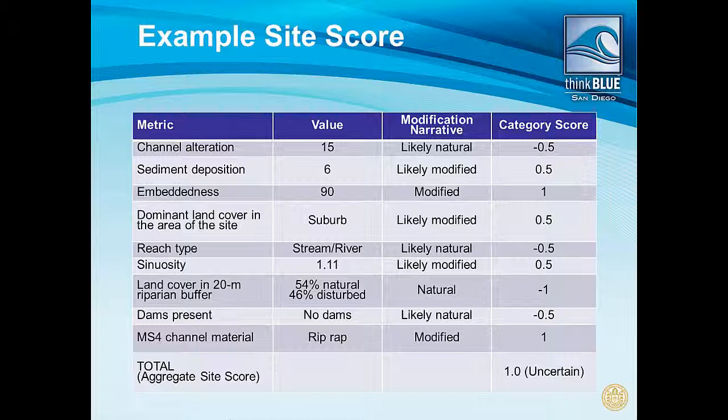And the reason is because, if you look at it, you're seeing lots of conflicting things here, where some of these metrics are telling us it's natural, likely natural, and others are telling us they're modified. And so when you do the math, it just winds up being a wash. So hopefully it's one or the other, modified or natural, but that's going to need some more work. But at least it shows you how we did this.